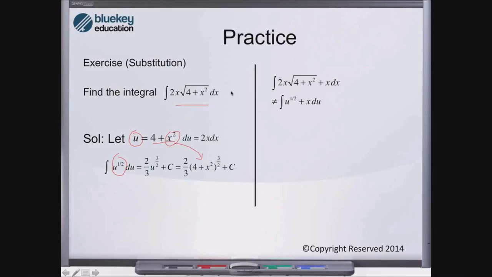For example, in this integral of 2x times the square root of 4 plus x squared plus x, you cannot write this substitution in terms of u and x together. This is a big mistake.